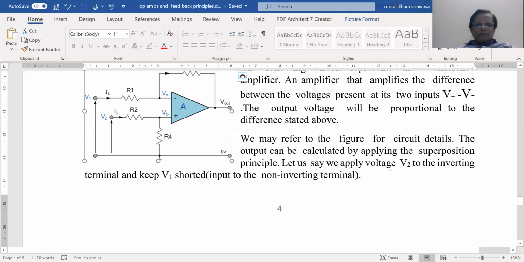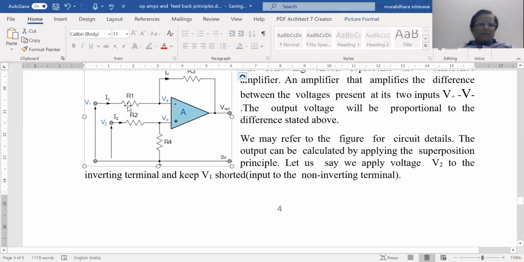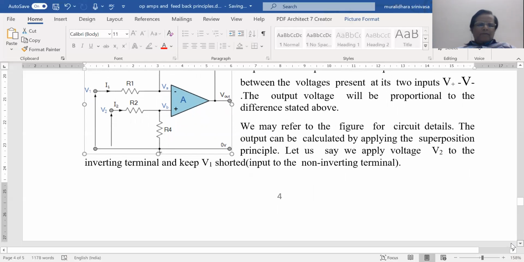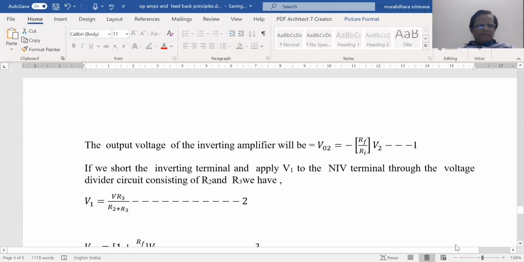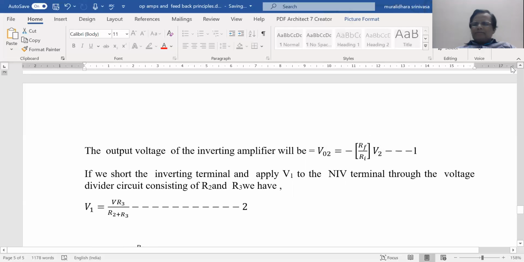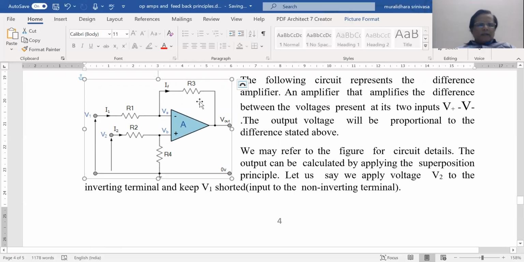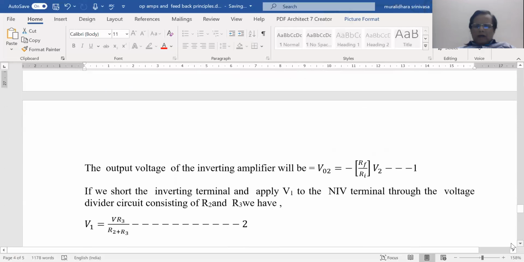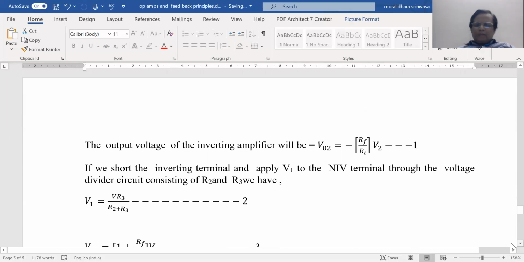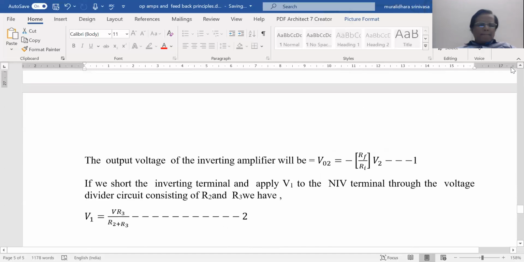So, observe this circuit and remember it. V1 is fed through R1, results in a current I1. V2 is fed through a voltage divider network of R2 and R4. Now what happens? The output voltage of the inverting amplifier, if I call it VO1, will become simply minus RF by RI into V1.